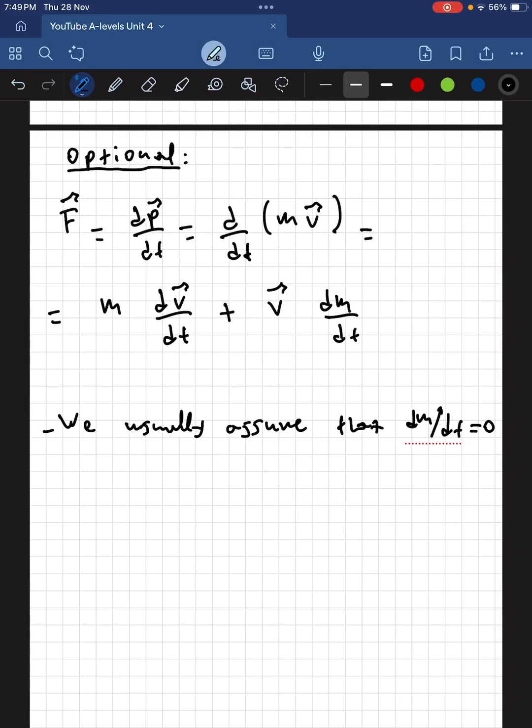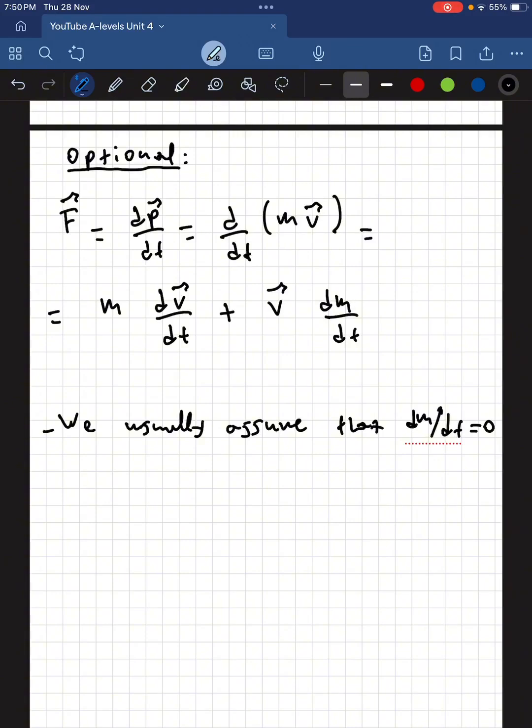Okay, so for example, if we are dealing with a car, the car mass doesn't change by a lot, though it does change, right? The car weight is about, say, 1 ton, but it has maybe 50 kilograms of gasoline. So as the gasoline is burning, the mass of the car reduces, but it's really a very small effect compared to the mass of the car.